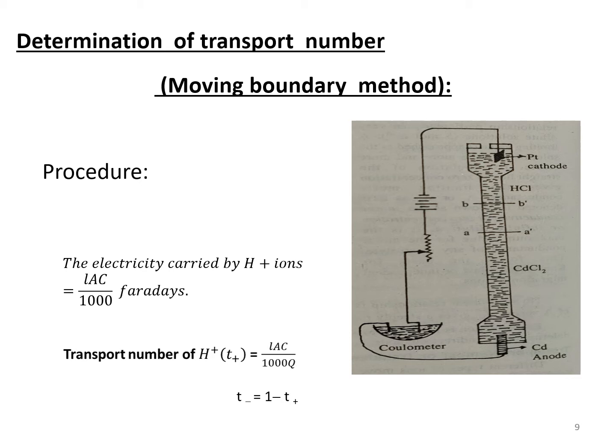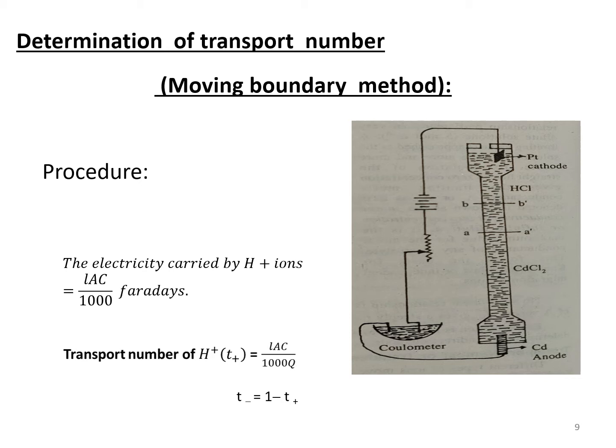The cathode is an inert metal like platinum, while the anode is a thick rod made of cadmium. The electrical connections are completed through a variable resistance and a coulometer.